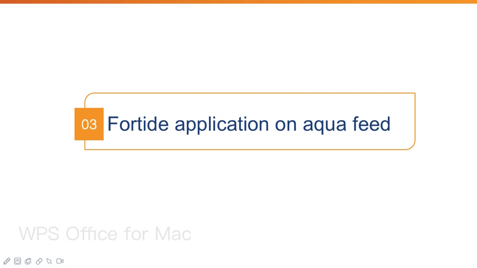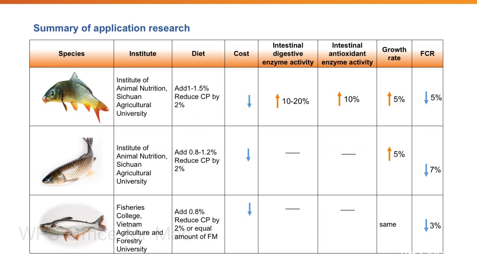In the third part, I will give you a brief introduction of the research and application of Fortide in aqua feed. As for common aqua farming, we have carried out research on carps and grass carps with the Animal Nutrition Institute of Sichuan Agriculture University, and also carried out research on catfish with the Aqua College of the University of Agriculture and Forestry in Vietnam.